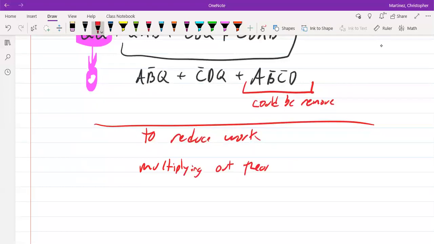And our multiplying out theorem is going to be the following. It says if I have x plus y with x bar plus z, that could be turned into xz plus x bar y.